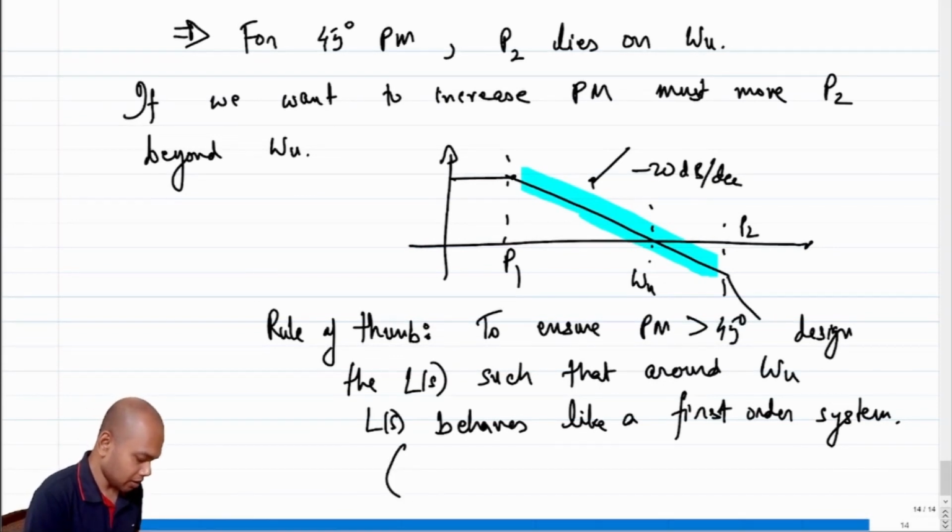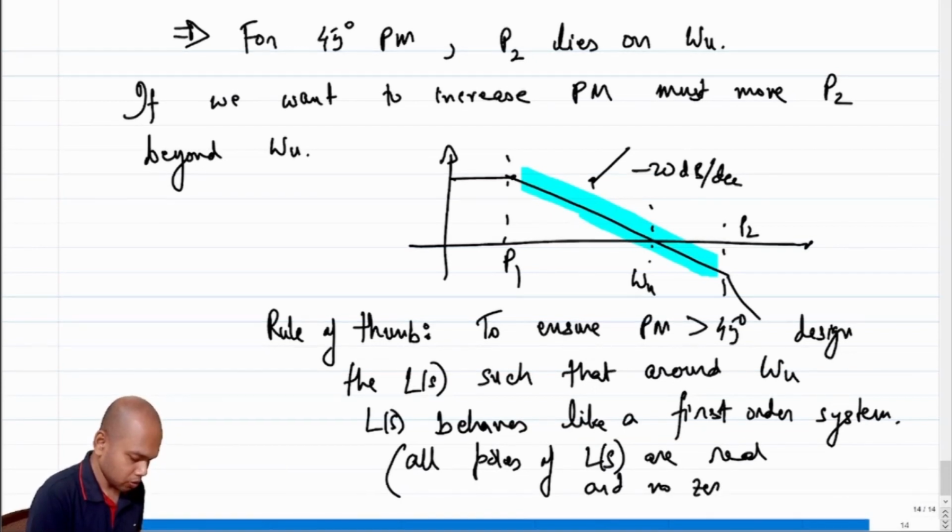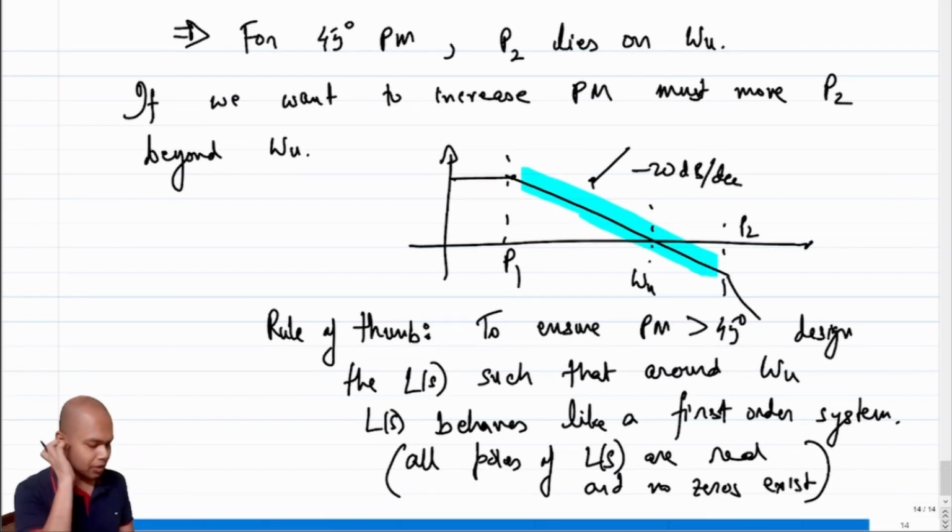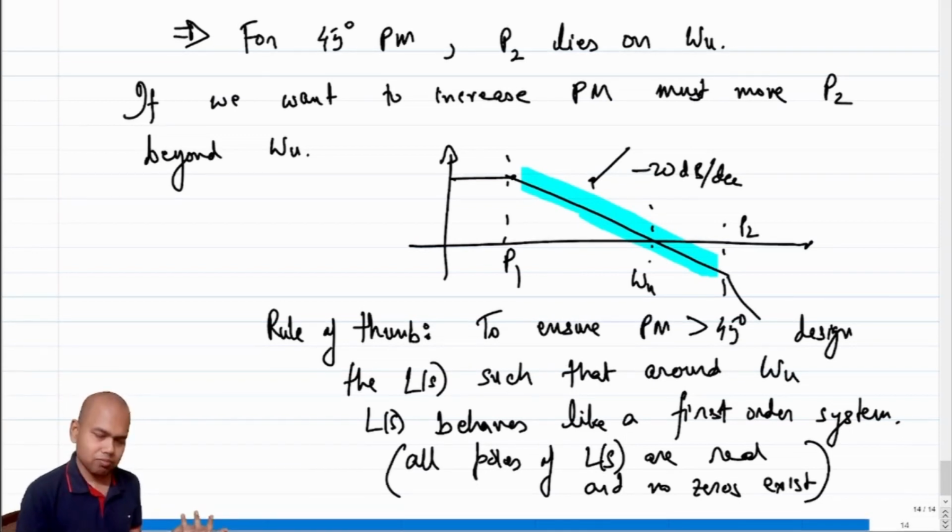The underlying assumptions are that all poles of L of S are real and no zeros exist, but these assumptions are more or less applicable in most circuits that we deal with.